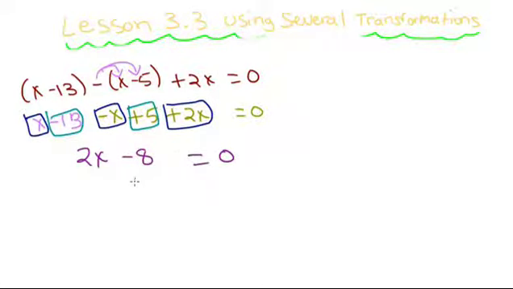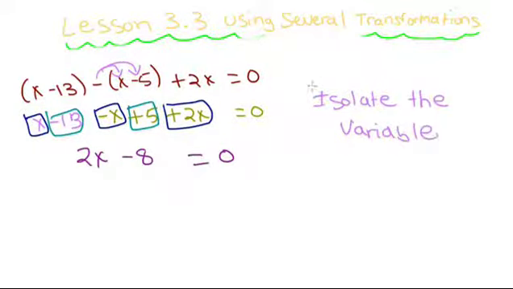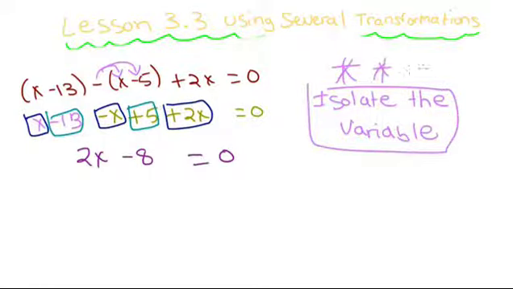So now let's add 8 so that we can get rid of this 8, because we want to always isolate the variable, remember. And this is huge. Put a bunch of stars, underline it, box it, whatever. You want to always isolate a variable when you solve an equation. That is your main goal.